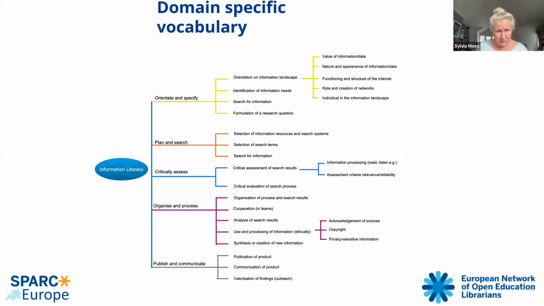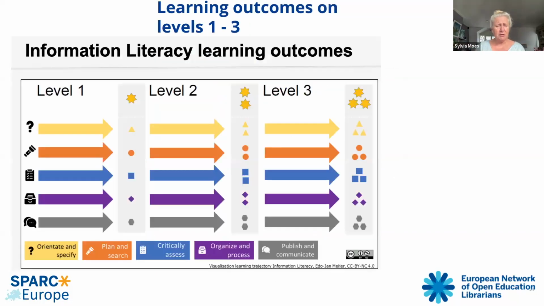If we go to the next slide, they also worked not only on the outputs in general over the different international standards, but they also succeeded in making boxes for level 1, 2, and 3 with learning outcomes. And the arrows that you see in different colors are the 5 main categories.